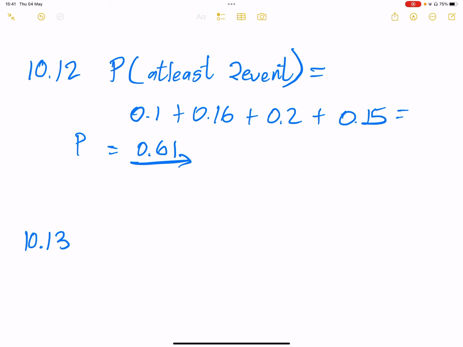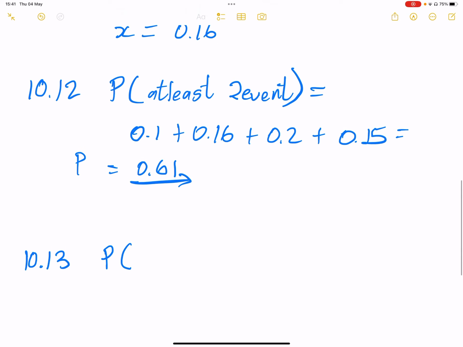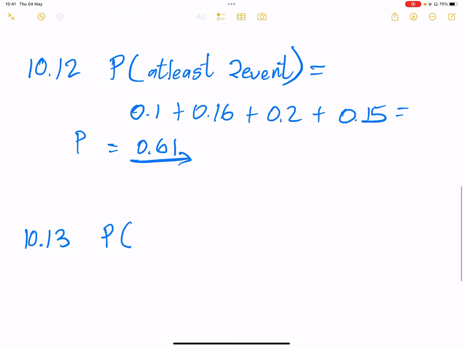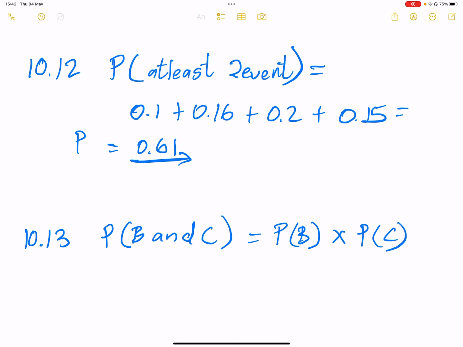We're looking at B and C, so the probability of B and C. If B and C are independent events, then it means that the probability should be the probability of B multiplied by the probability of C. In that case, if this is equal to that, then we can conclude that our events are independent.